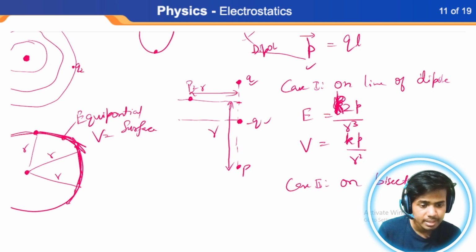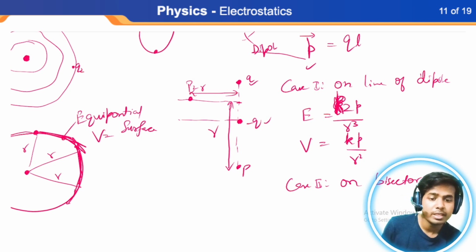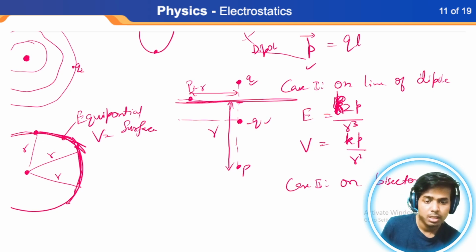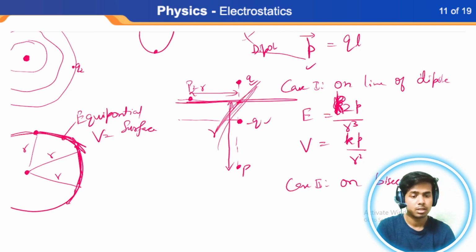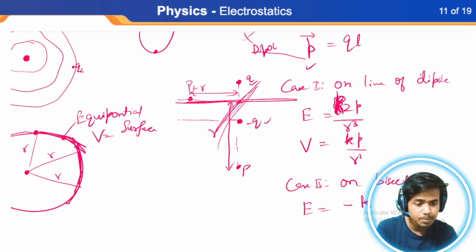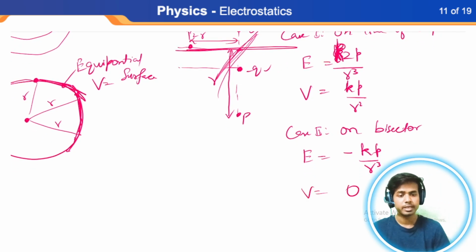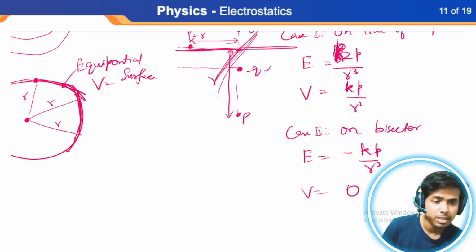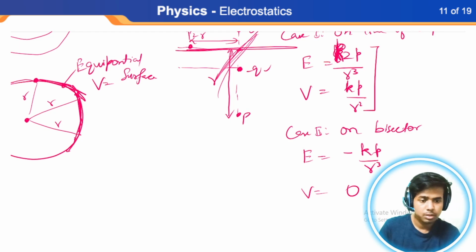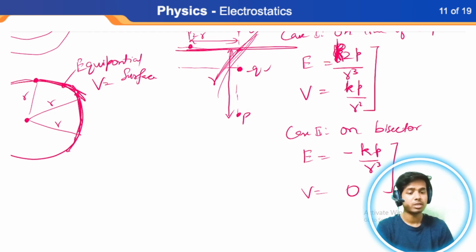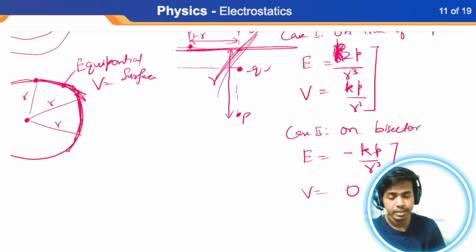So that is called the bisector. It could be in either direction, in this direction as well, or maybe coming out of the board as well. In that case, the electric field is written as minus kp upon r cube, and the potential is actually equal to 0. ये चार results हमें याद रखने हैं, so that questions on dipole could be solved very quickly.